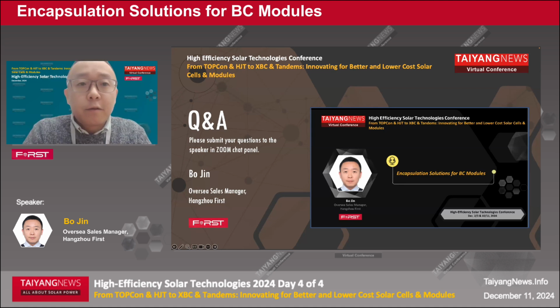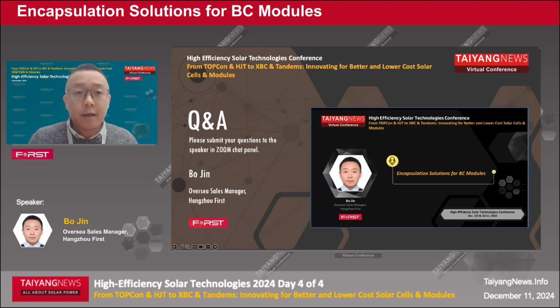Yeah, I think one important reason is, as you mentioned, the cost down trend, and the other reason is the BC cell's special structure. There are no contacts on the front, so there is less risk in applying a thinner film on the front.